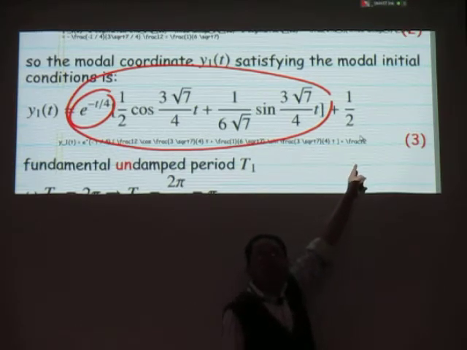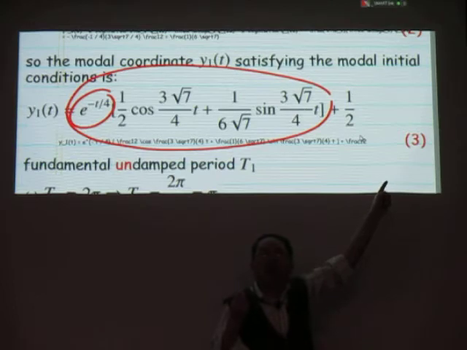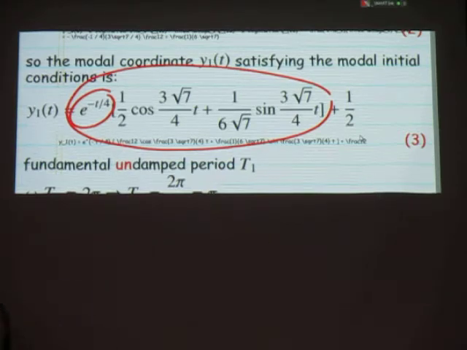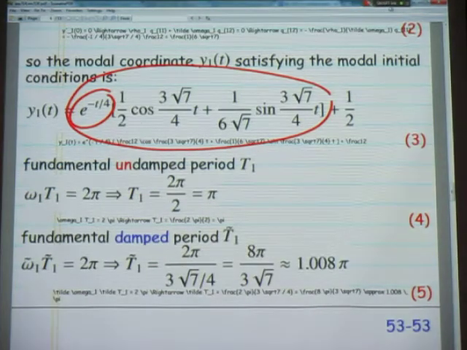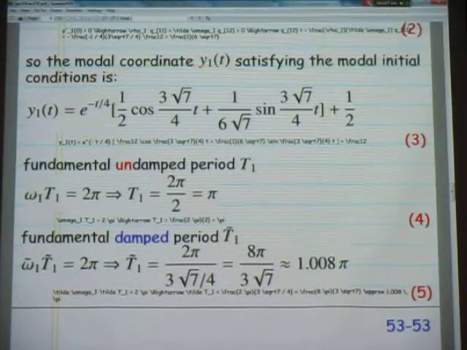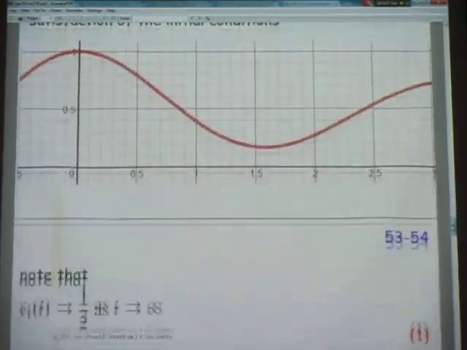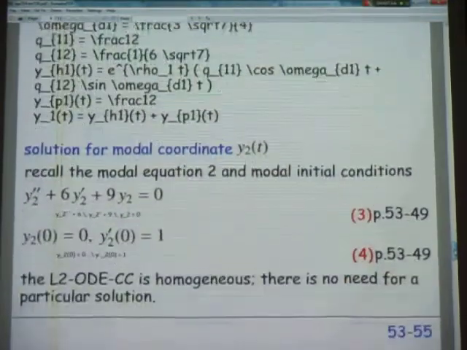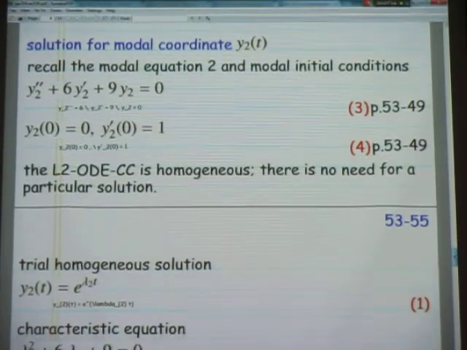Whereas the particular solution, the physical name, is called the steady state solution. Steady state solution. So keep that in mind because that's very physical. So you see there's a mathematical name and there's a physical name. And everything should make sense, and you should be able to go back and forth. And that's it. That's the end of mode 1.